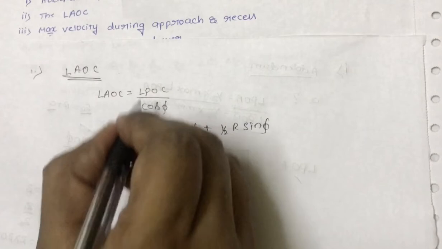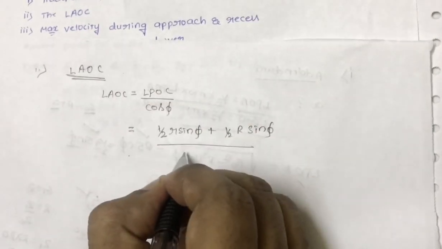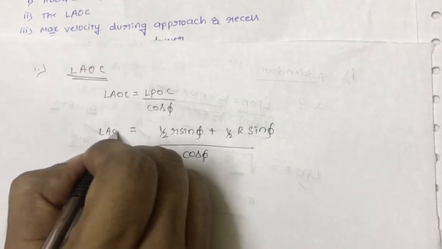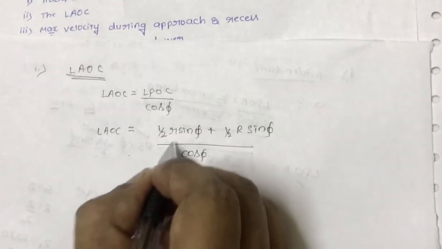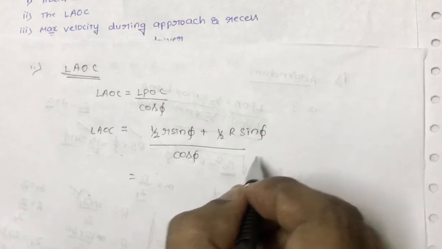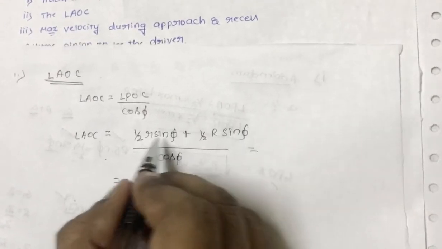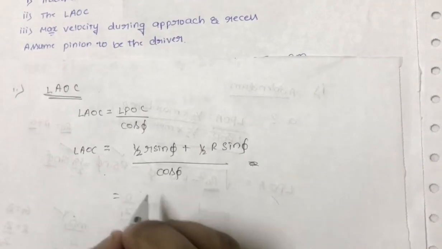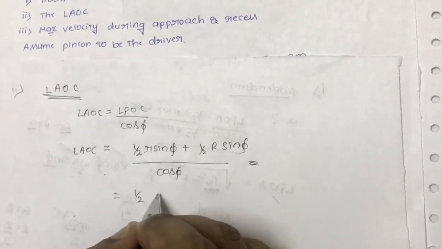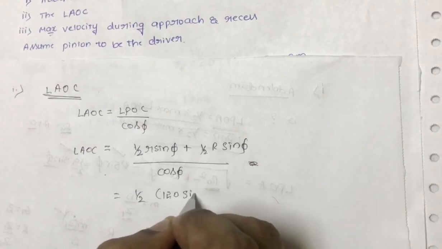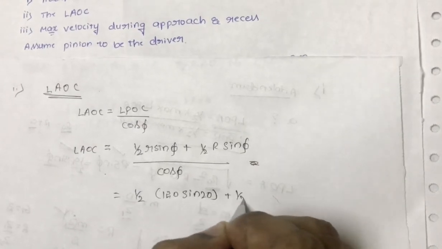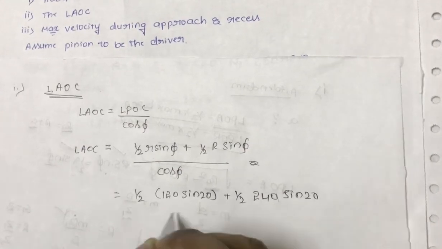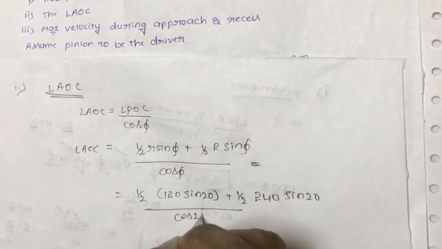So first you will get LPOC. Then if you substitute cos phi, you'll get LAOC. Correct. So substitute for this. After simplification, I will only substitute the values: half into 120 sin 20 plus half into 240 sin 20, divided by cos 20.